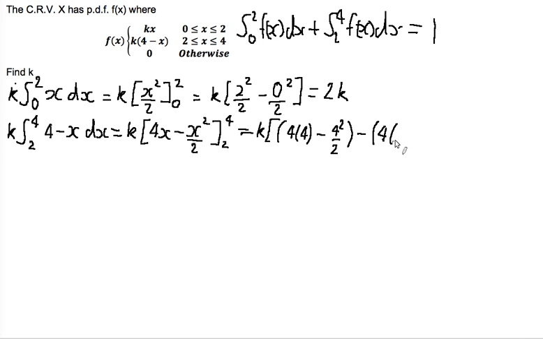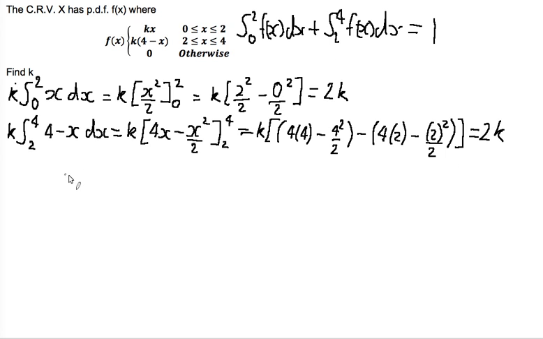So I'm then going to get evaluating the 2, so I'm going to get 4 lots of 2 minus 2 squared over 2. Okay. Now, when we put this into our calculator, what you're going to find is it works through, and we get 16 take away 8, which is 8, and we get 8 take away 2, which is 6. So 8 take away 6 will give you 2 times the k, which is 2k.